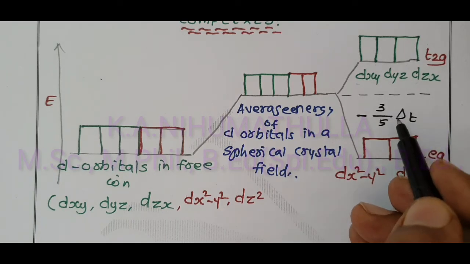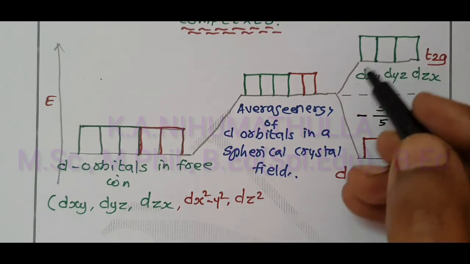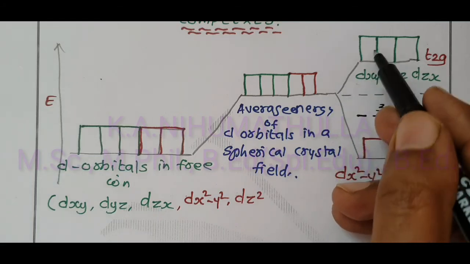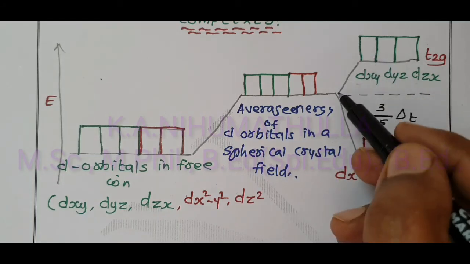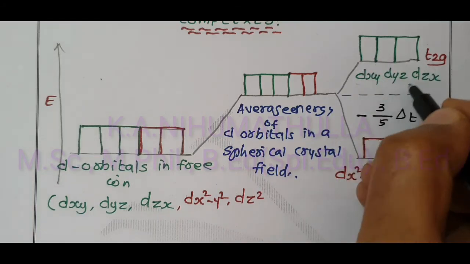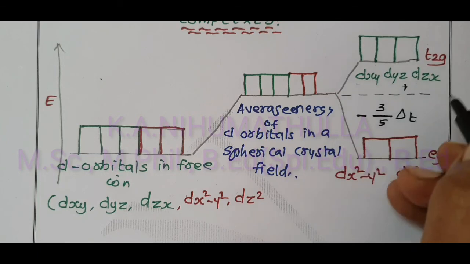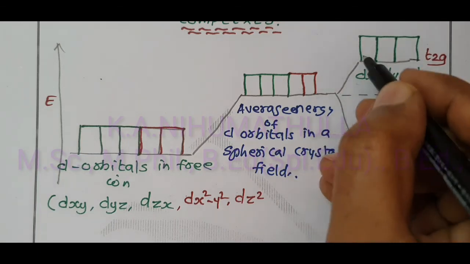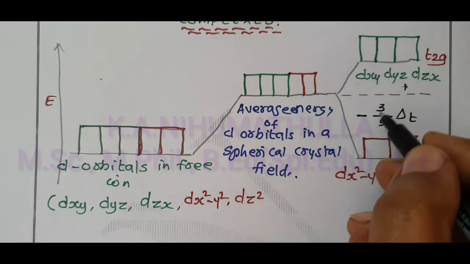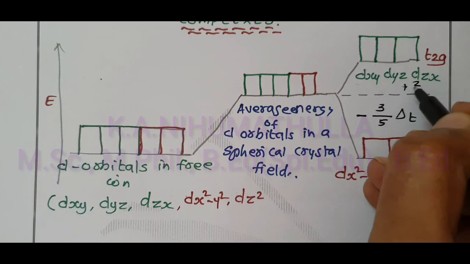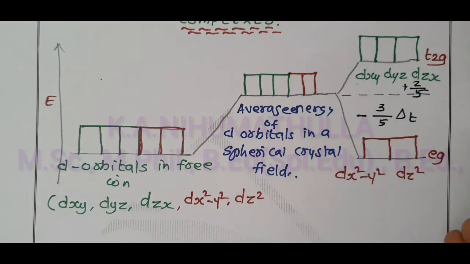Tetrahedral crystal field splitting energy. And for these two orbitals, the energy increases to a small extent. Increase in energy is indicated by a plus sign. How much among the 5 parts? This part is more, 3, this part is only 2, 2 by 5.